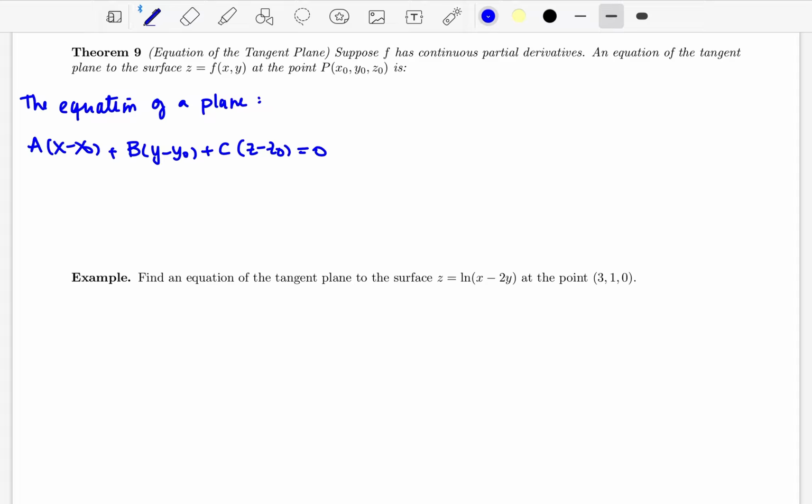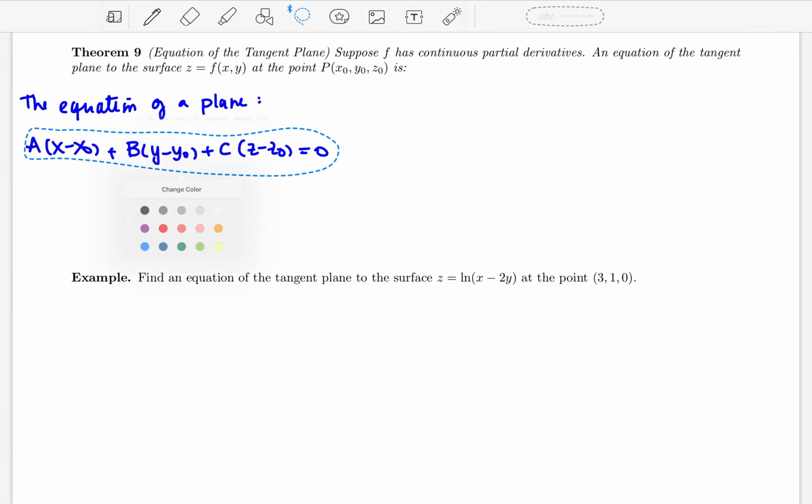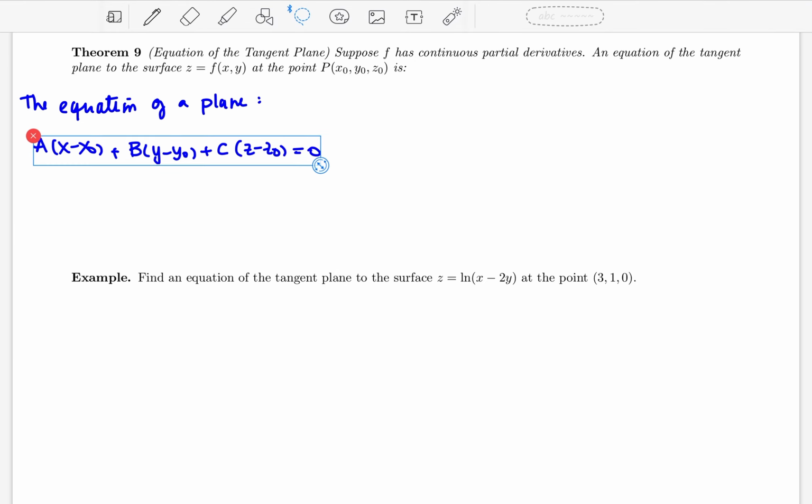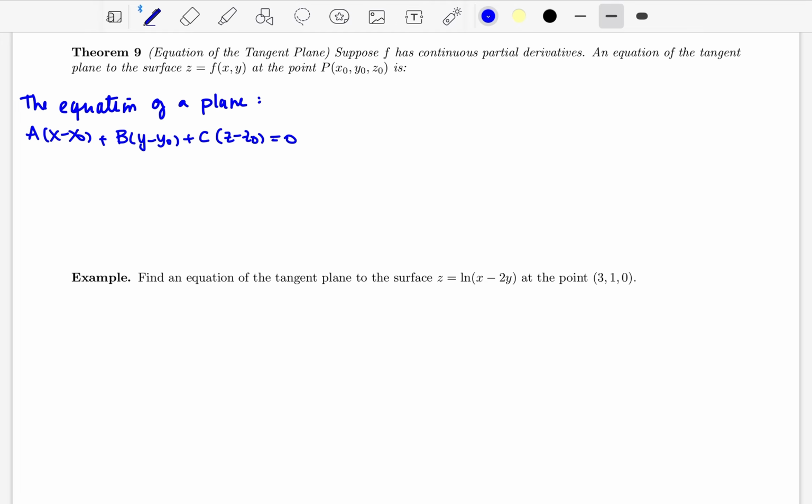Now, finding this vector that is normal to the plane is not trivial. So instead, I'm just going to use algebra and the understanding of partial derivatives to find the coefficients a, b, and c. First thing I'm going to do is divide everything by c. So that takes me down one variable.